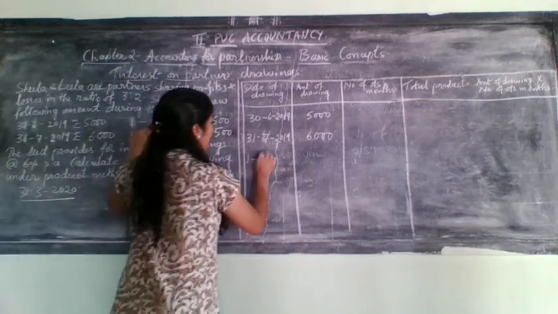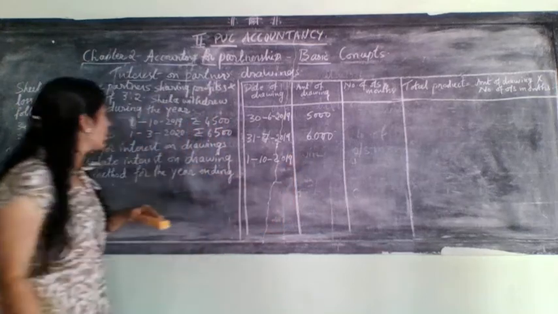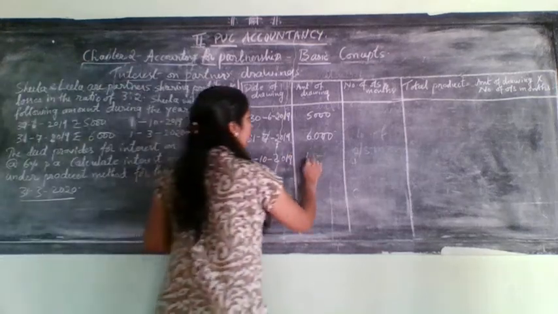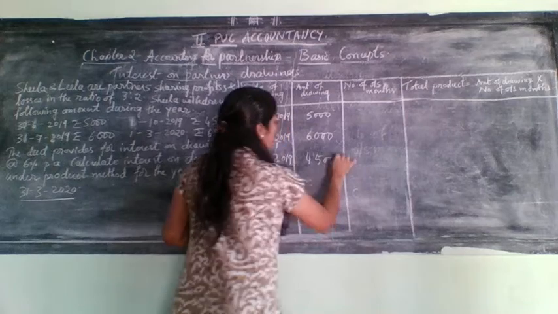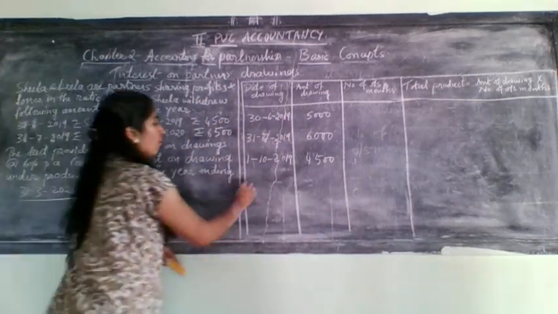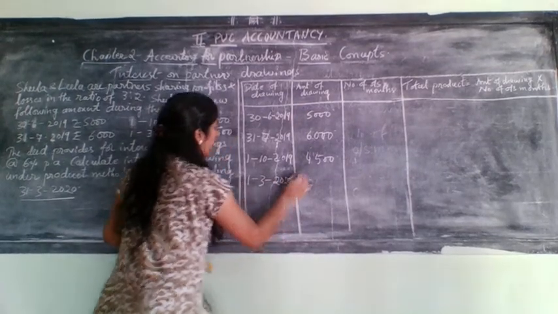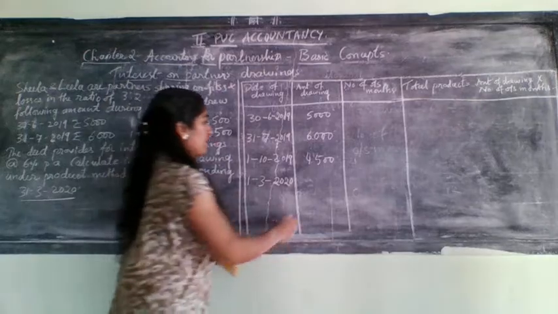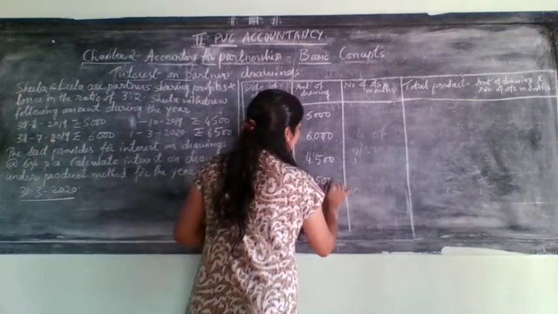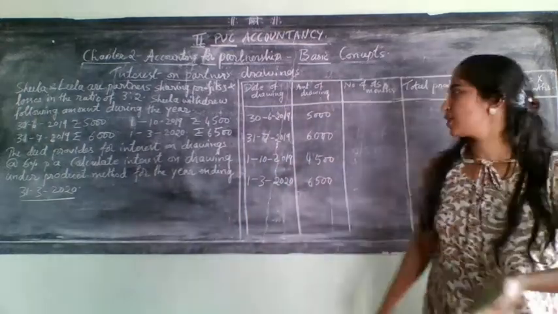So 1/10/2019. How much is it? 4,500. And the last one is 1/3/2020. 6,500. Calculation of the number of outstanding months is the same as the previous problem.